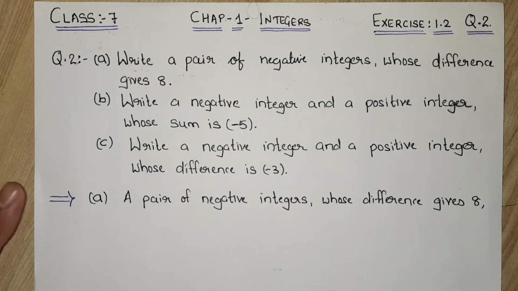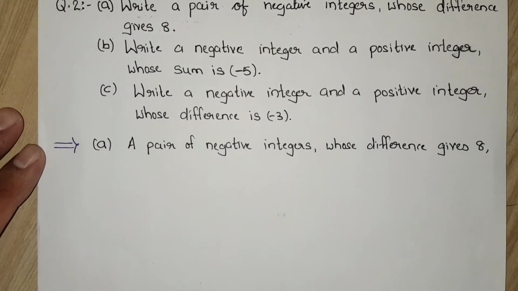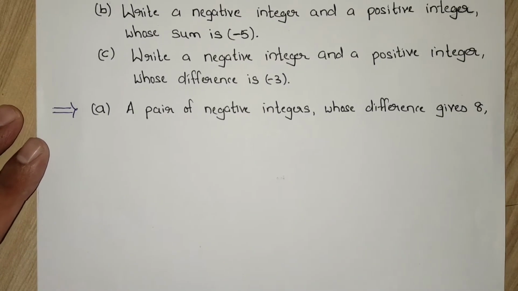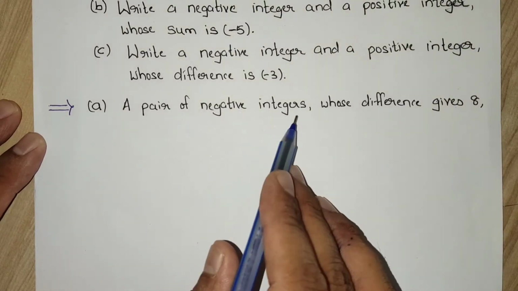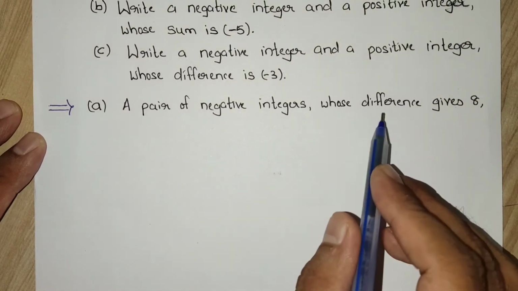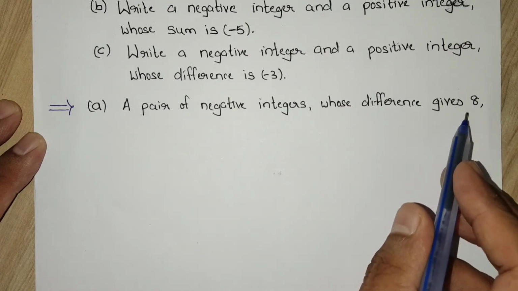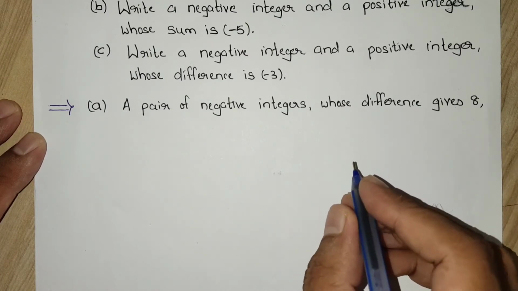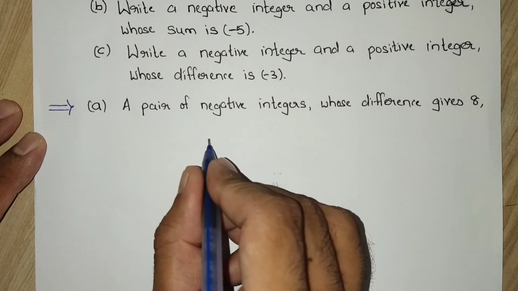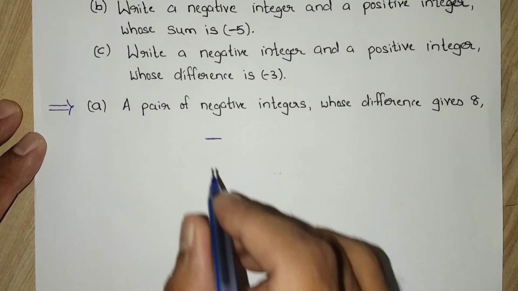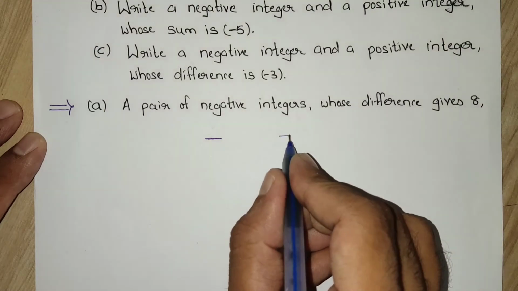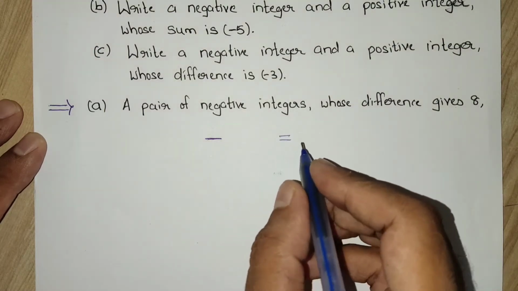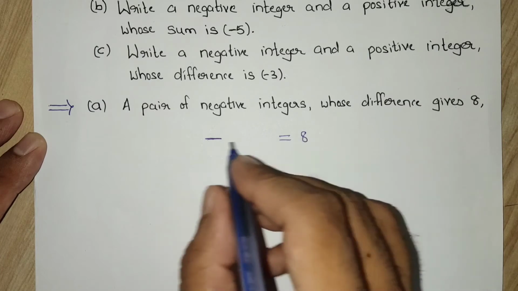Let us try to find out the answer. For that I have written a pair of negative integers whose difference gives 8, that I have to solve. So I will write difference because we have to find difference of two negative integers, and the answer they want from us is 8.